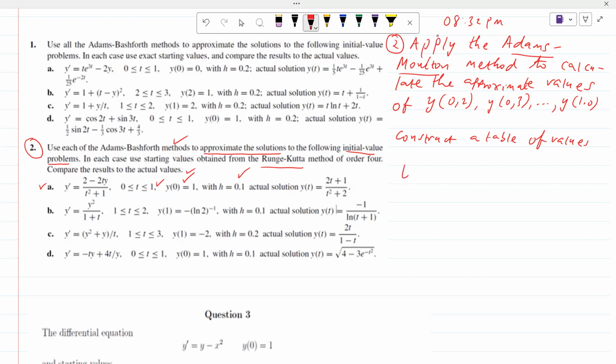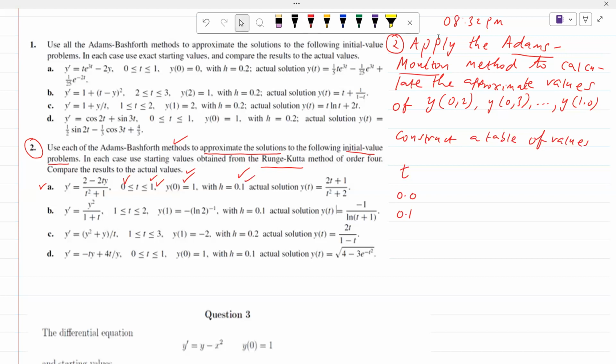So what is T? T now will have the specific values. So what do we start with? We start with the smallest value. So T starts from 0 to 1. We shall start, say, to 1 decimal place, 0.0. And then now you have 0.1, because H is 0.1.